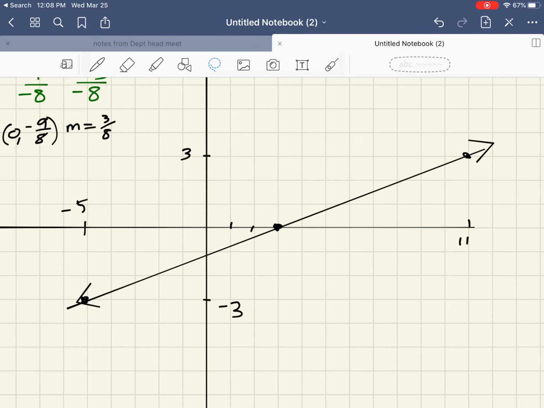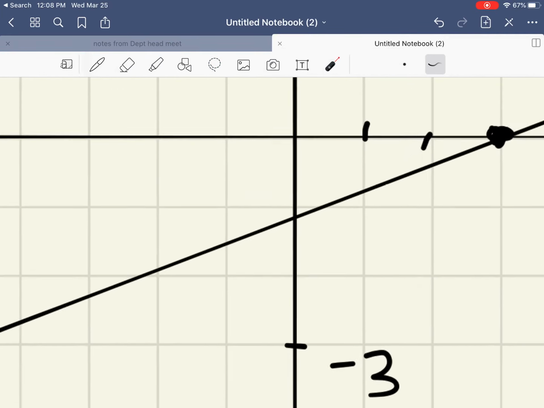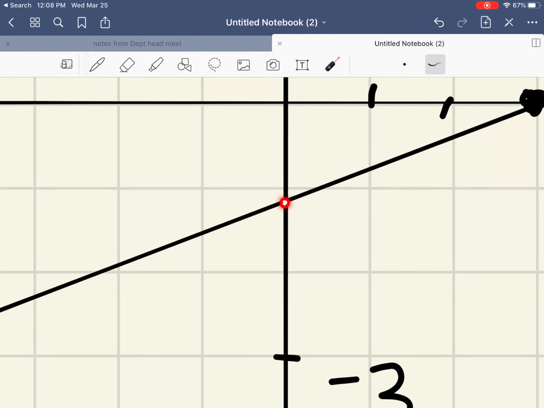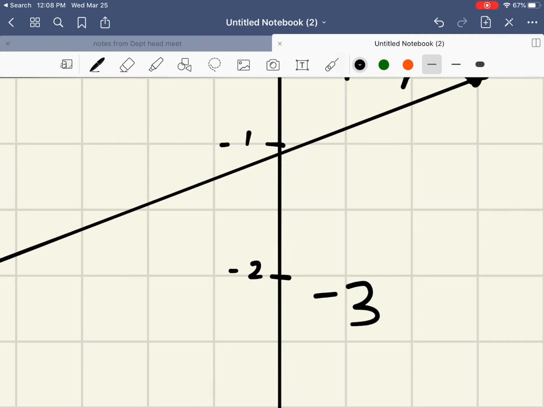Okay. Now, what I'm going to kind of focus in on here is, where does it cross the y-axis? Now, here's negative 1, and here's negative 2.